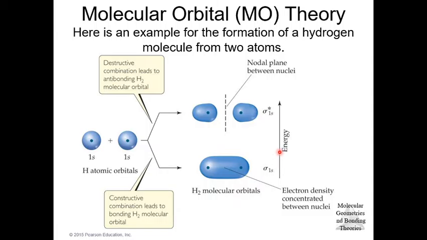We always have increasing energy going up. Anti-bonding orbitals are always higher in energy than your bonding. And just like we did before with the Aufbau principle, the low energy orbitals get filled first. So we start at the bottom and we work our way up. So here's a visualization of the molecular orbitals for the hydrogen molecule.